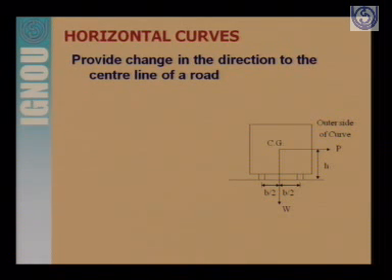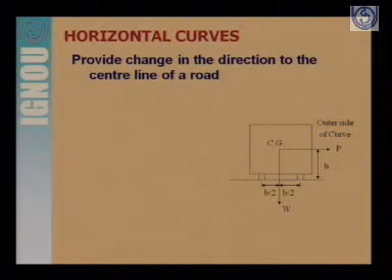We have to take some turns, we have to take some curves, and these are the locations where we have to provide curves on these roads. So these are horizontal curves, means to turn the direction, to turn to a particular destination. These curves are provided on the roads.